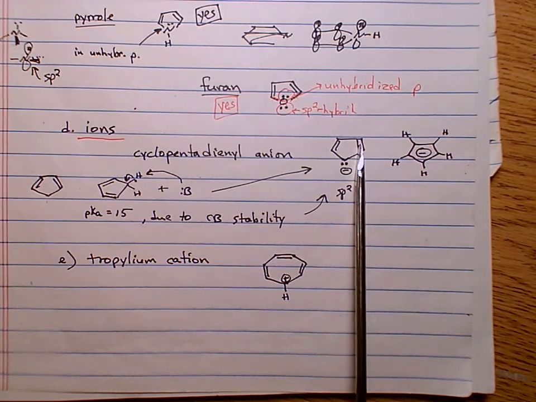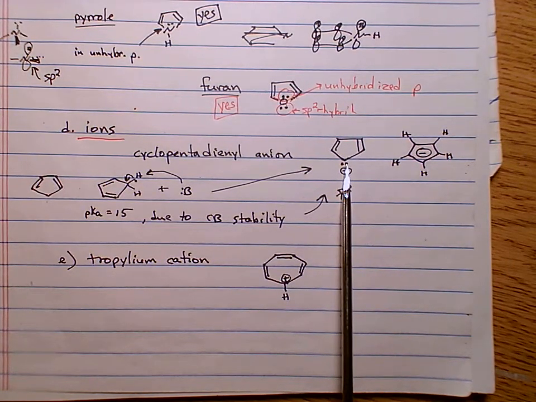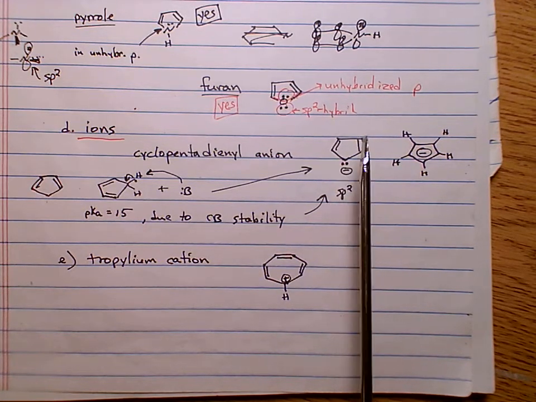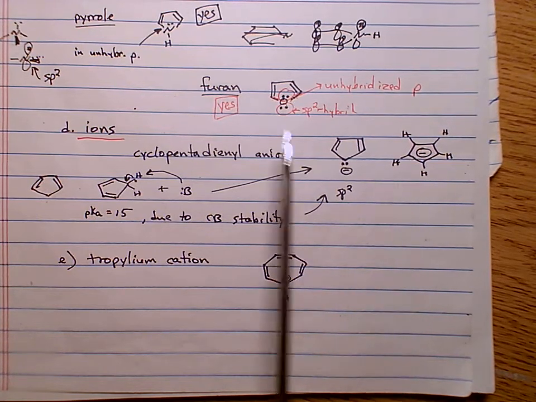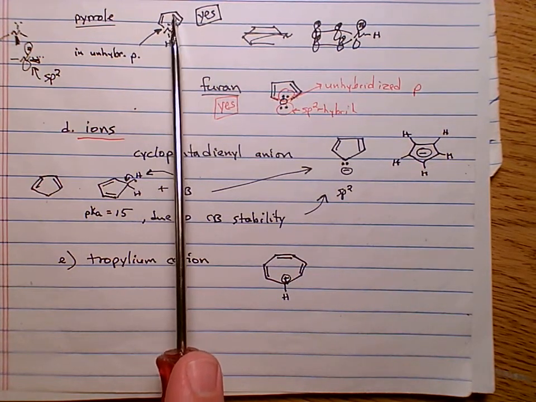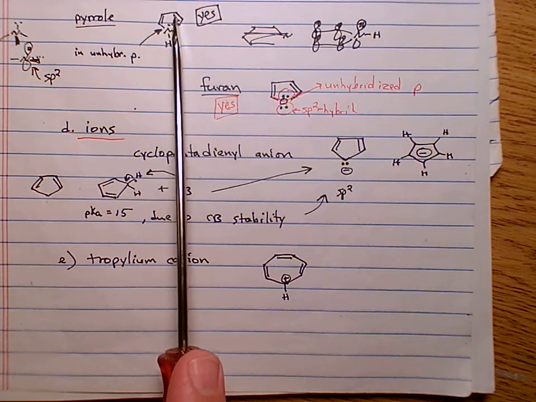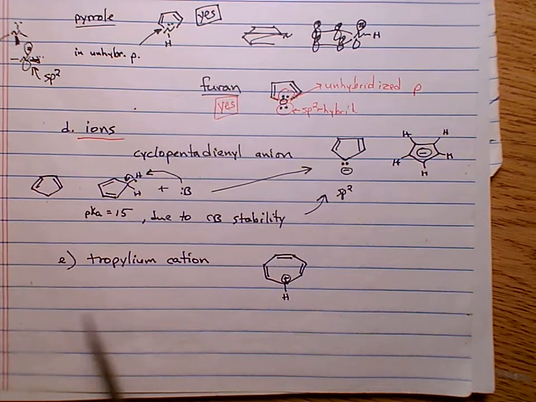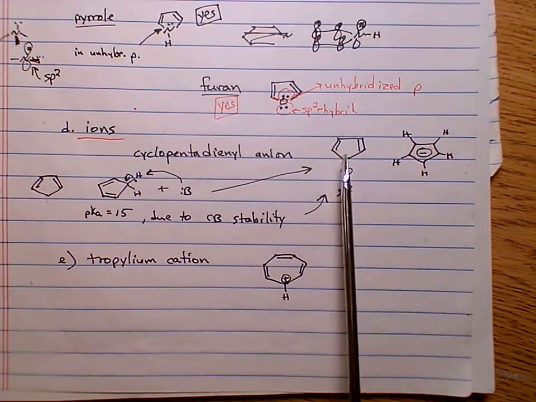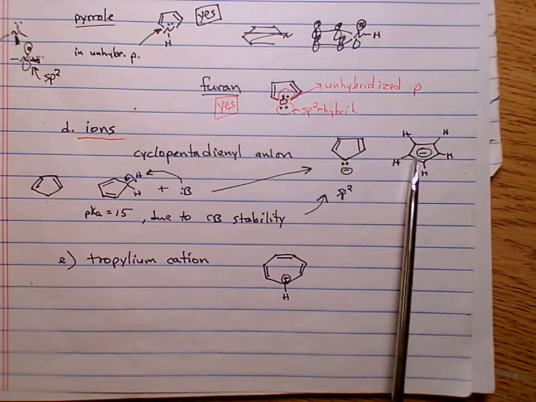So these 2 electrons here from the lone pair in the unhybridized p orbital of this carbon and these pi electrons here are free to roam around the molecule, as is the same thing here. These four pi bonding electrons and the two lone pairs are roaming around all over the place. It's aromatic, as these guys are aromatic. So this cyclopentadienyl anion is very stable and is aromatic.